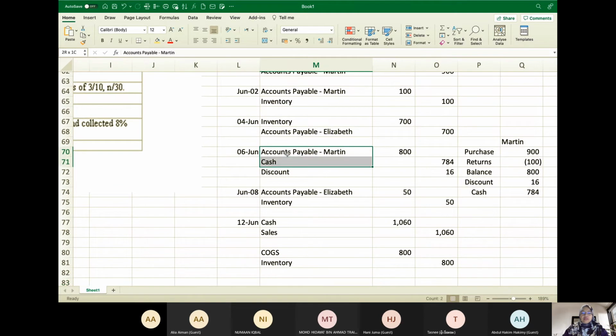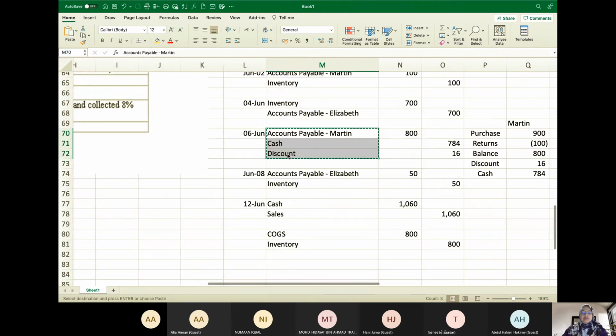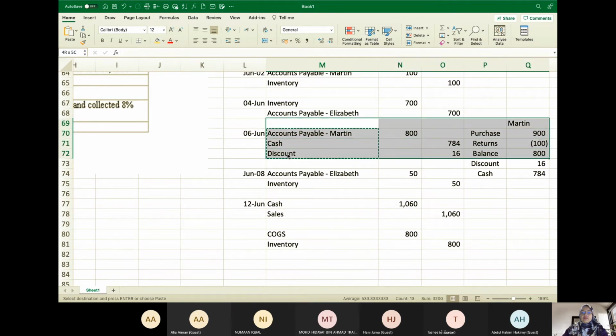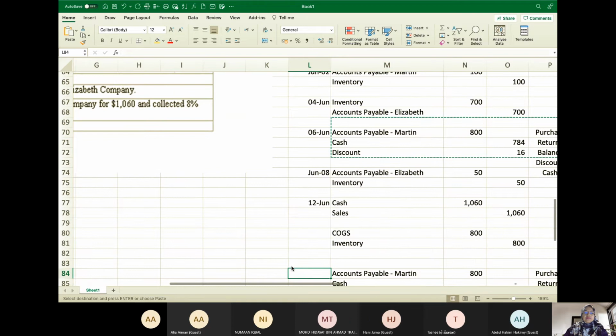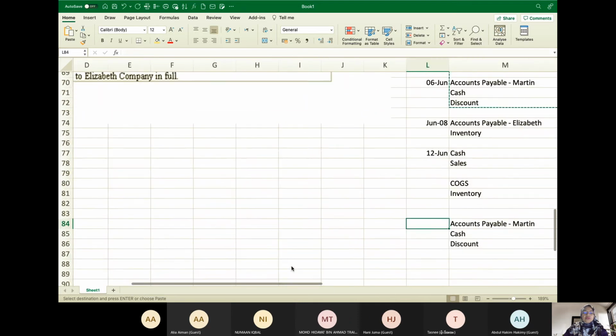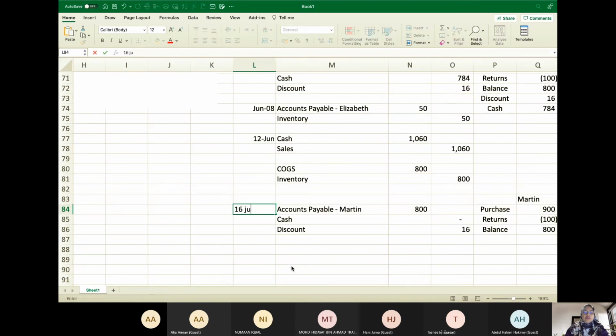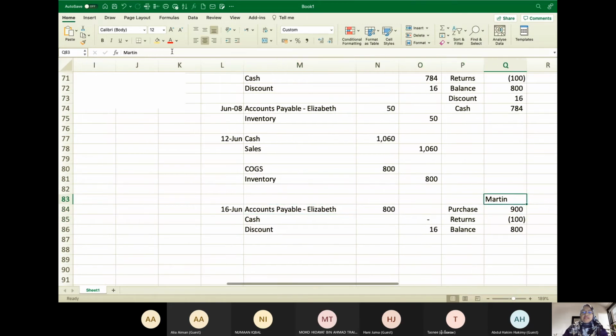Let me just copy this, Command C. Right, when is that? This is on the 16th of June. Accounts payable, how much do you have to pay Martin? In this case, you pay Elizabeth. So how much do you have to pay? Okay, let's see.